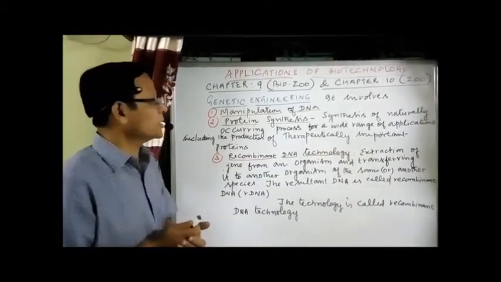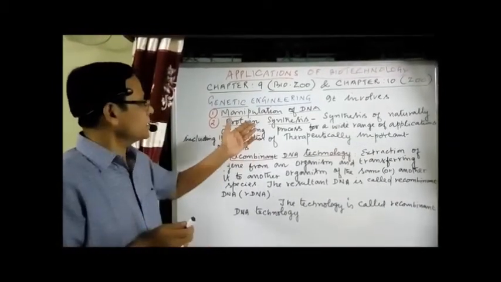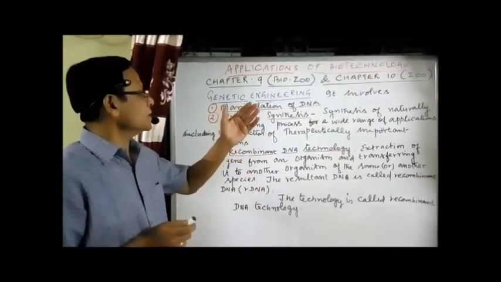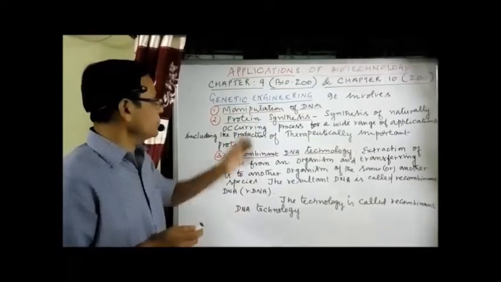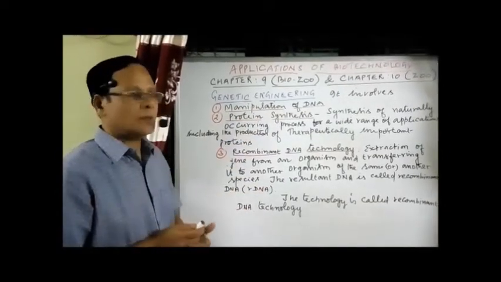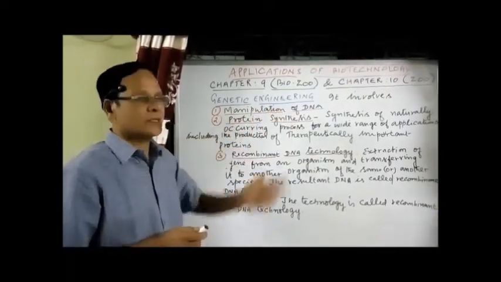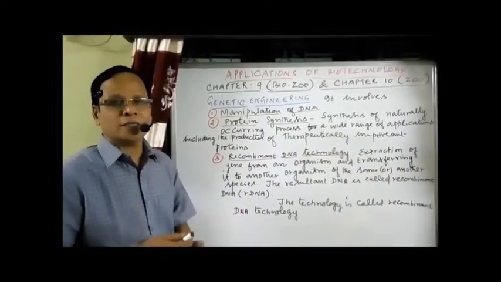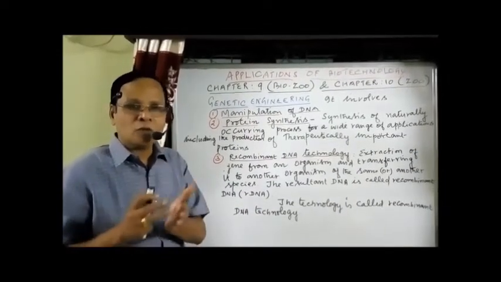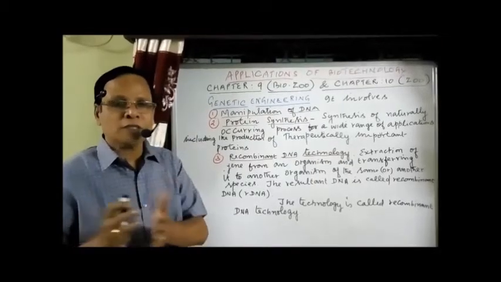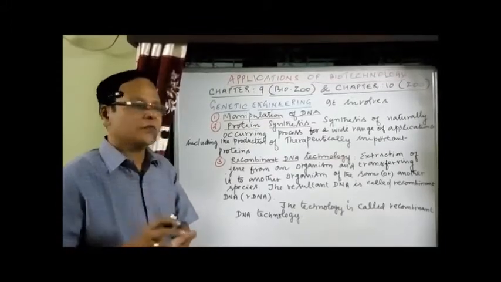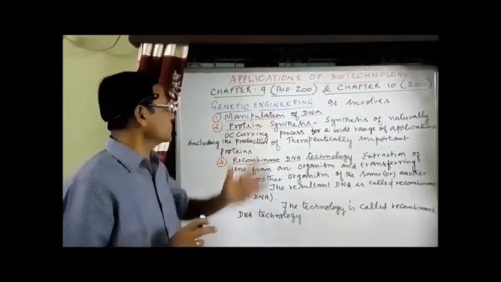As per the lesson, genetic engineering involves three major processes. Number one, manipulation of DNA, that is synthesis of DNA, repairing of DNA, removal of unwanted DNA, addition of useful DNA. All these events together are called manipulation of DNA.